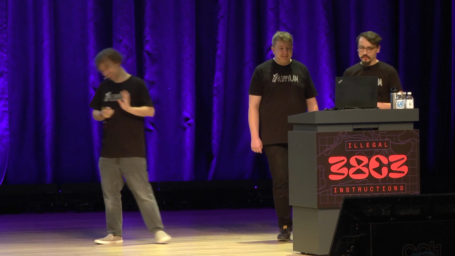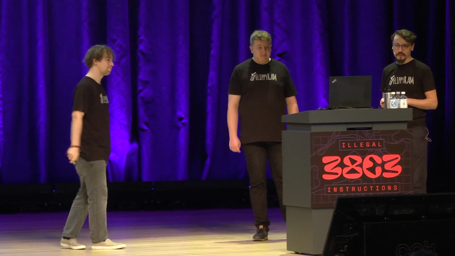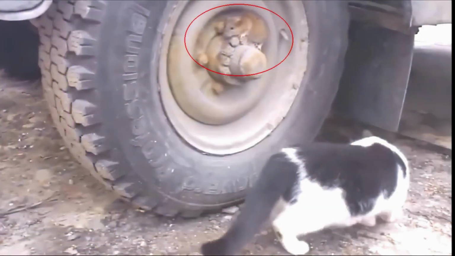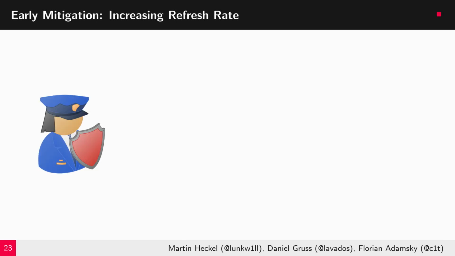Okay, so. Well, and now the typical cat and mouse game, as we have seen it in security, starts all over again. So one of the early mitigations to mitigate Rowhammer was just to increase the refresh rate that we have talked about earlier.